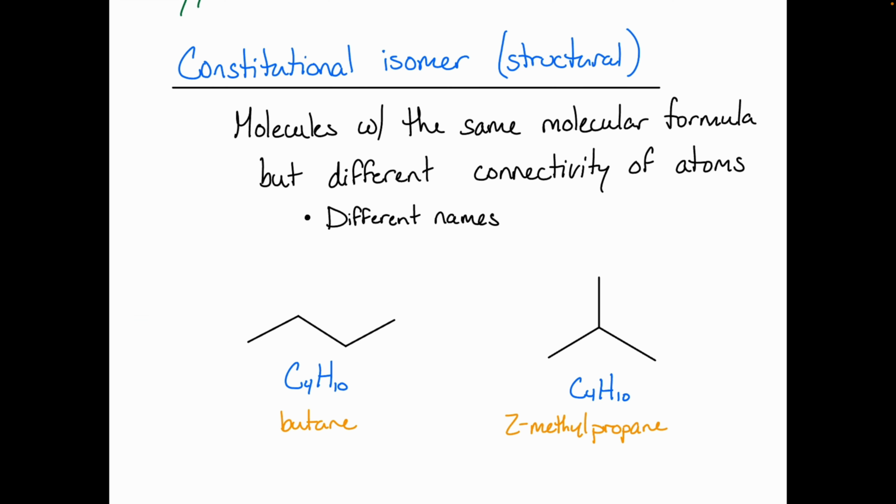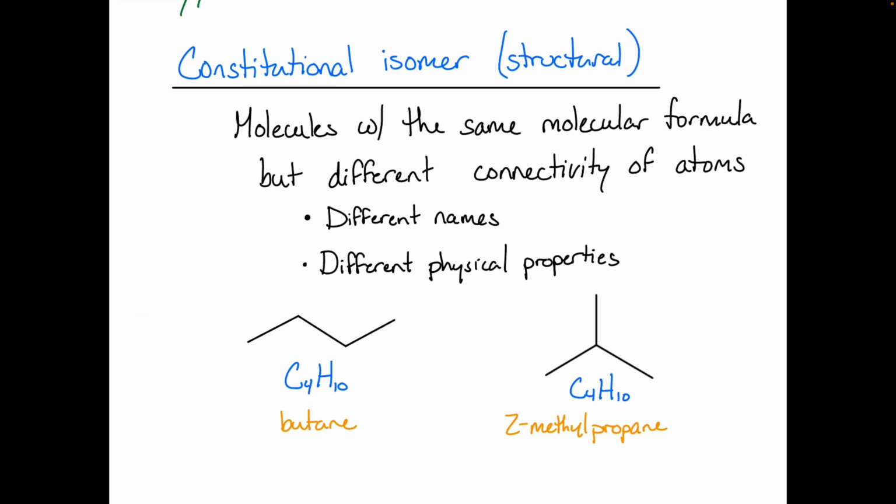All right, and importantly, they will also then have different physical properties. All right, as we said, when we add a branch point to our molecule here, it decreases its surface area. So we would not expect these two compounds to have the exact same boiling points. They'll probably be pretty close, but they're not identical, right? So distinct molecules, but they share that same molecular formula. That's what we call constitutional isomers.